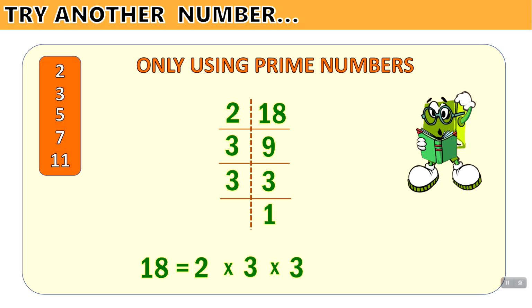So 18 has been prime factorized as 2 times 3 times 3. And we can rewrite that simpler as 2 times 3 squared, because 3 times 3 is 3 squared. So 18 has been prime factorized to give us 2 times 3 squared.